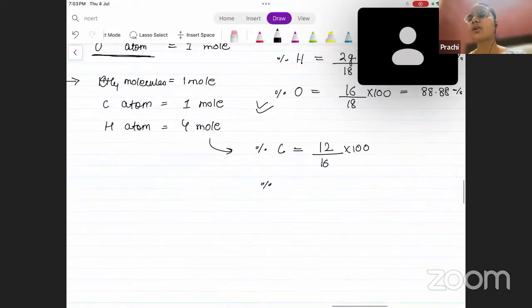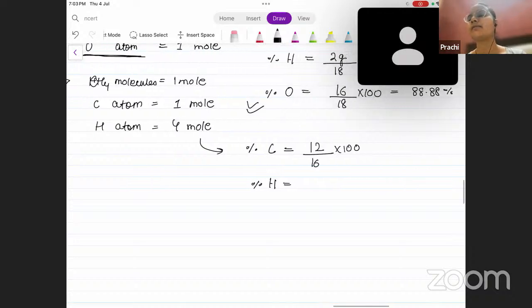Similarly, you can find the percentage of hydrogen. What is the weight of hydrogen here? 4 grams divided by 16 into 100. How much will you get? These divisions I hope you can do. Here we'll get 75% and 25%.